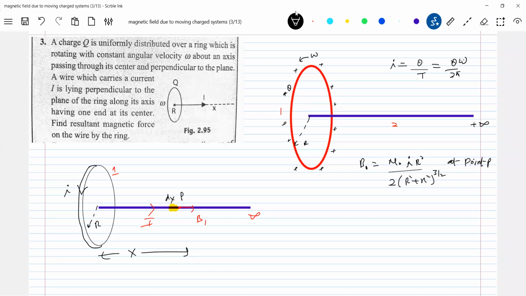It will be 0. The force on that small element is B1 I dx sin of the angle between B bar and dl, which is 0, so the force will be 0. Like that you take every point on this semi-infinite wire, and the force due to this rotating ring will be 0. So do remember this is the field produced by the rotating ring.